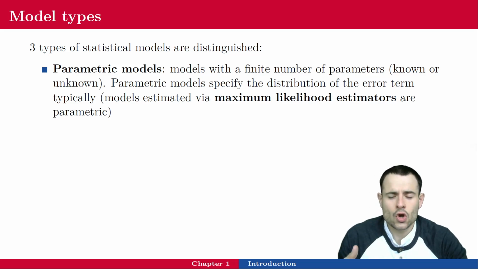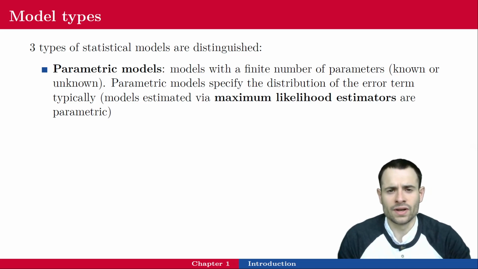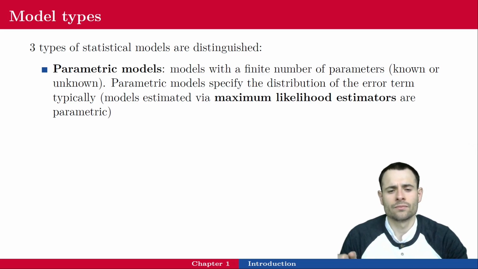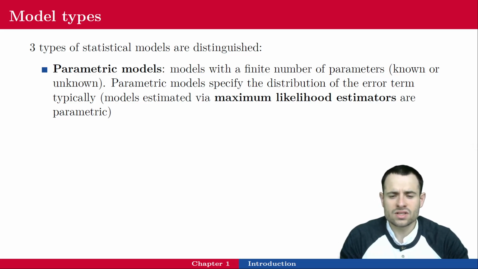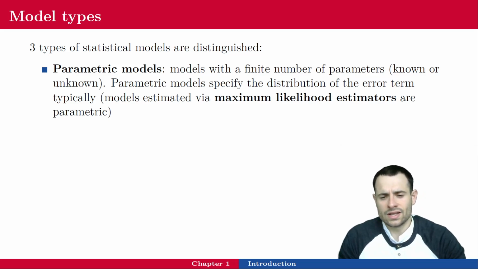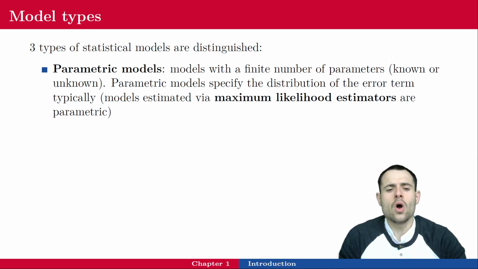It tells us it's a normal distribution, a uniform distribution, a Poisson distribution, a binomial distribution, and so on. If you want to estimate a parametric model, in general, you're going to use what we call the maximum likelihood estimator. This is not something I want to talk about in this course. I just threw the term out there. Some of you might know what it means. For the others, it's just a method to estimate a parameter, knowing the distribution we are looking at.